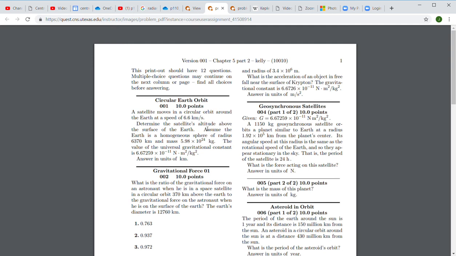What you've got to do is subtract off the radius of the Earth from that in order to get the satellite's altitude above the surface of the Earth. So once you've done that, you can get an answer in meters, and notice it's asking for an answer in kilometers, so then I would convert to kilometers to get the answer.